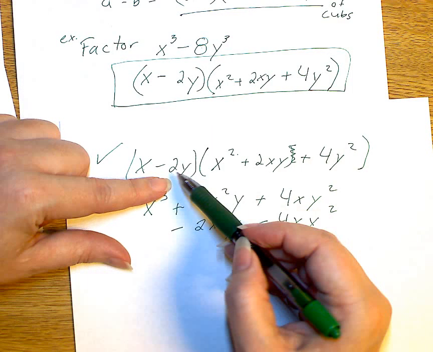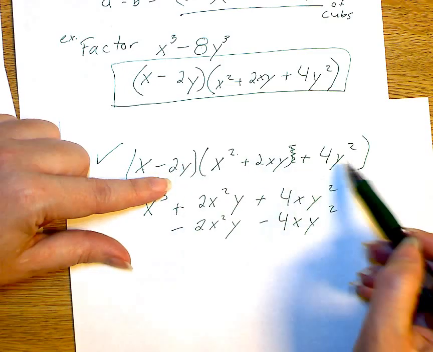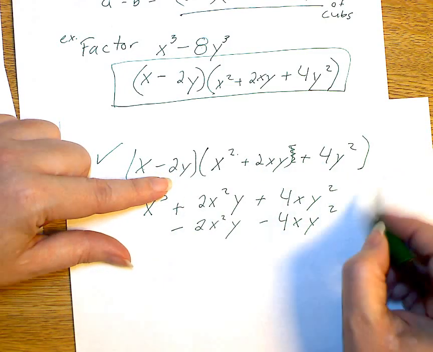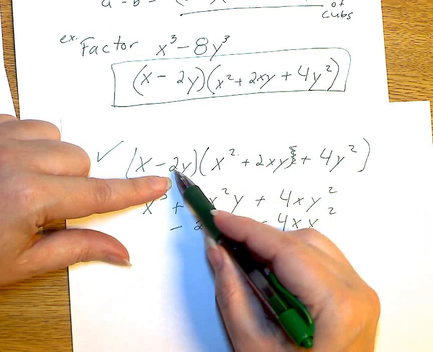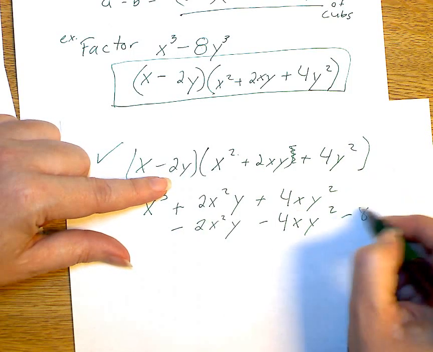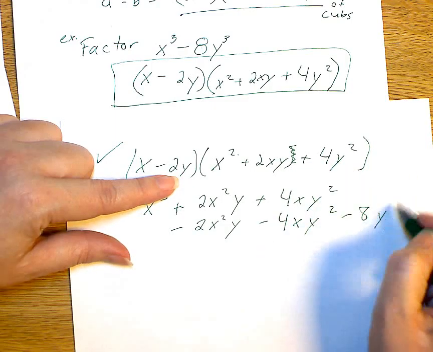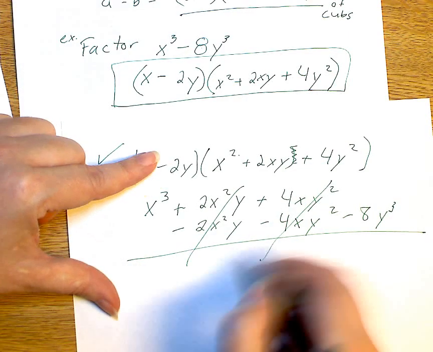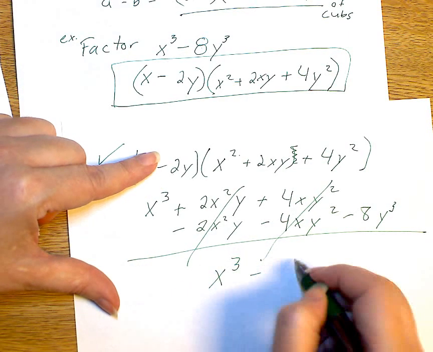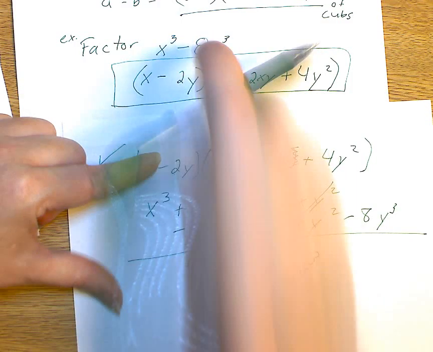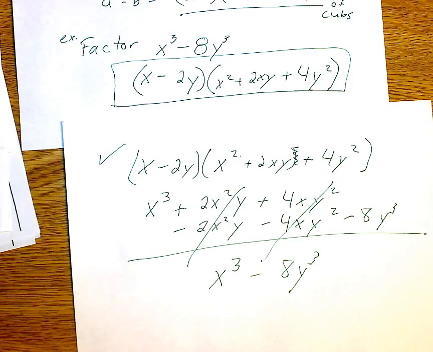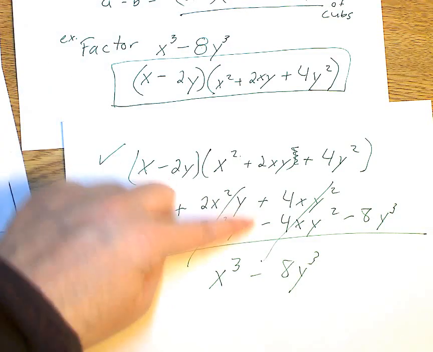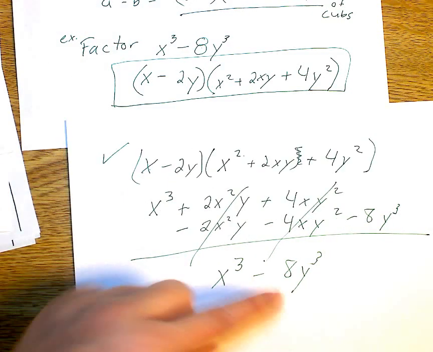And then my last gives me negative 2 times 4y squared is negative 8y cubed. The middle cancels out, gives x cubed minus 8y cubed, giving us what we started with. Okay, that makes sense. Thank you. Yep. Remember that if this doesn't drop out and get you the final answer, it's not right.